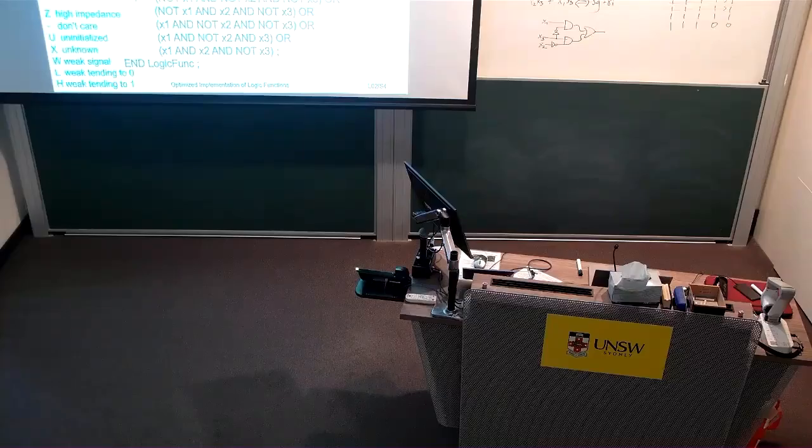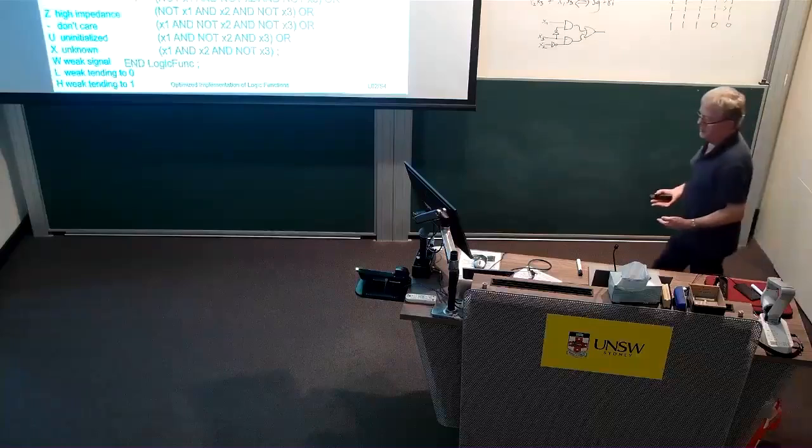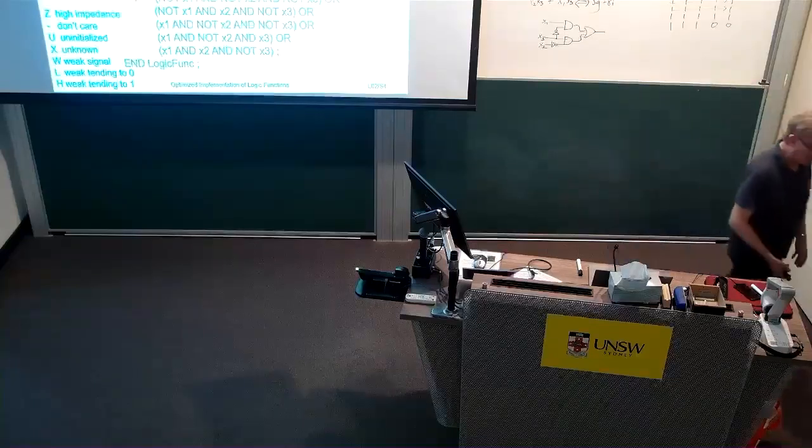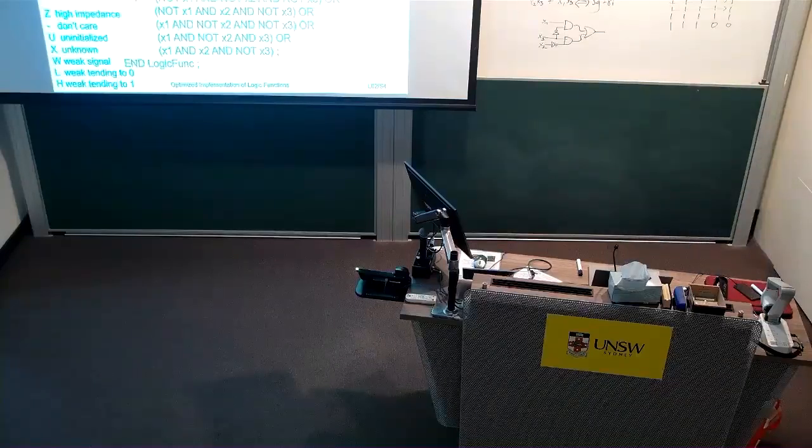So apart from 0 and 1, it's possible that an electrical signal in reality will have a few other values. It might be unknown, for example, or it might be uninitialized, which are sort of the U and the X that we see in this list of values.